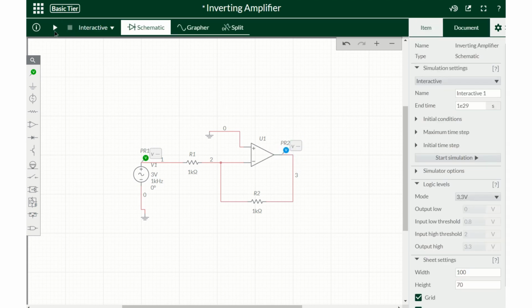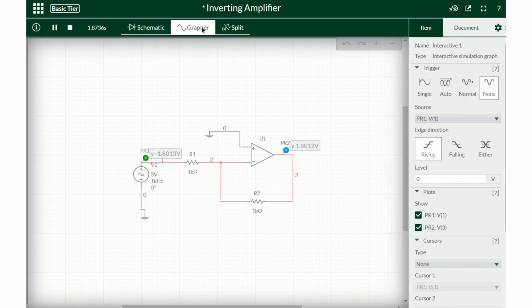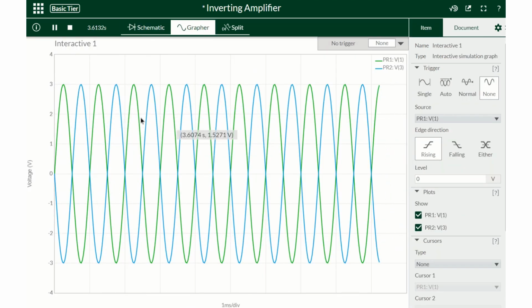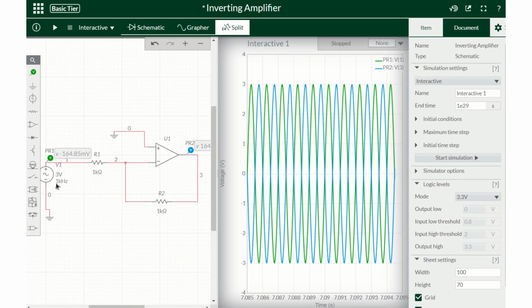Okay, so now see the output. If we can see the graph, now you see that the voltage is inverting. So if I pause and split it, you see the green one is the input voltage and the blue one is the output voltage, and they are inverted.